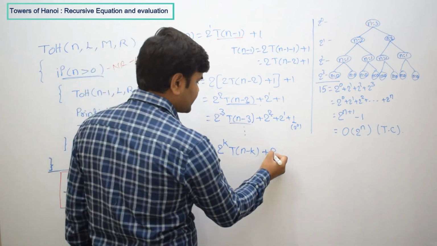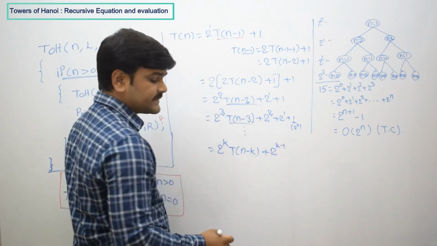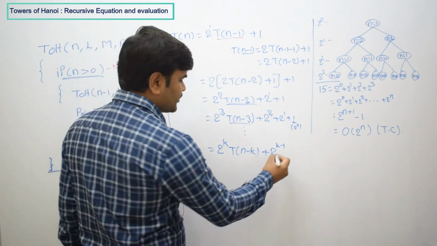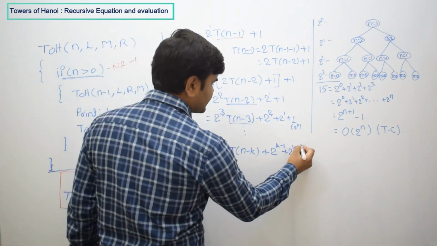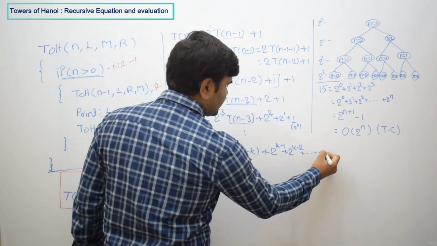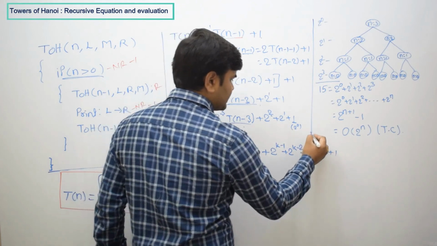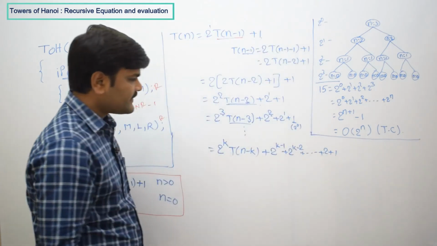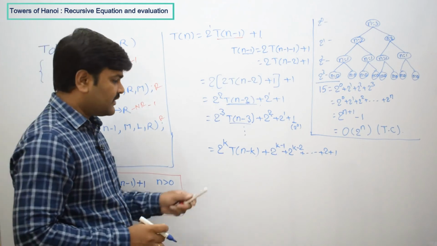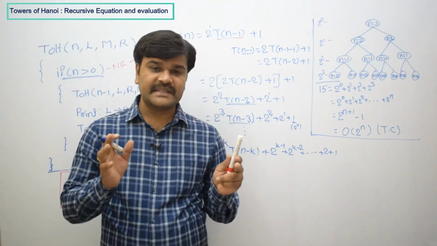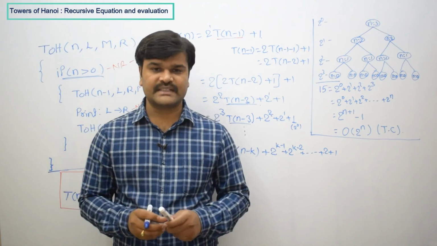So here also 2 power k minus 1 is the maximum term. So that is 2 power k minus 2 and so on, 2 plus 1. Okay. So this is the equation. Now let us try to understand what is the meaning of k here. That is very important.